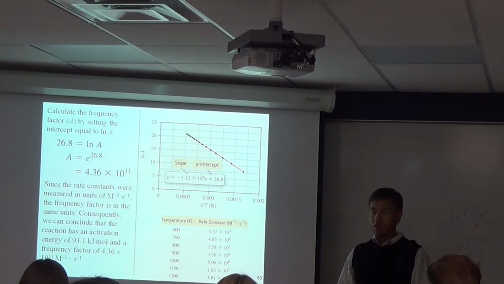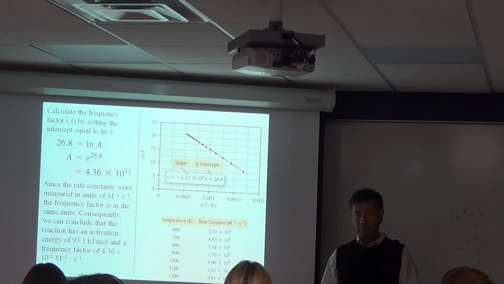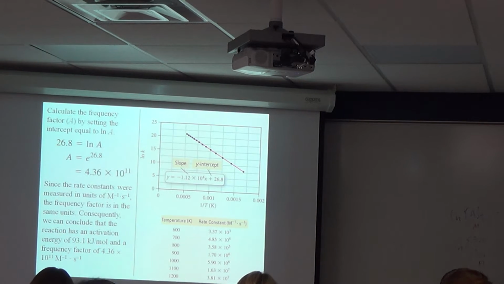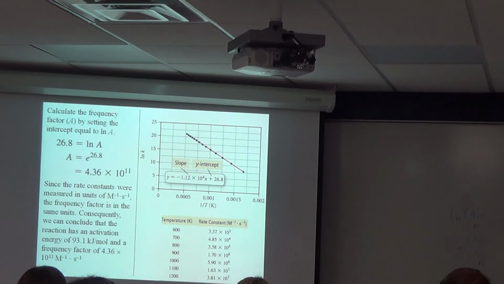And that equals Ln A. Okay? And if you don't remember, just think about that equation, which has that typical exponential decay form. So that K equals A e to the negative EA over RT, right? So this is R, not a K or something, right?